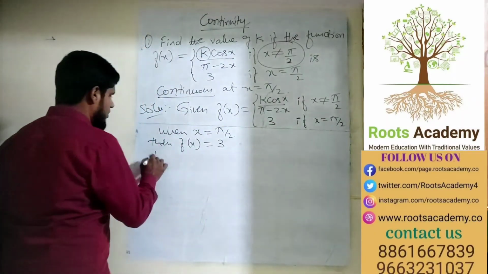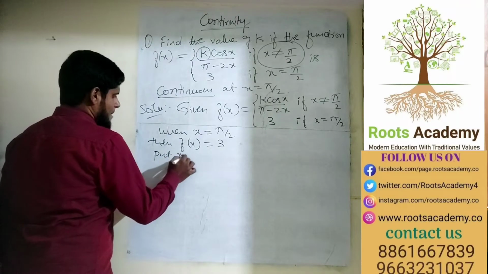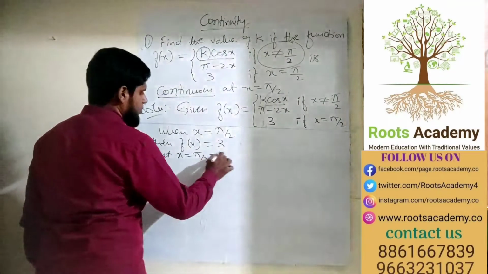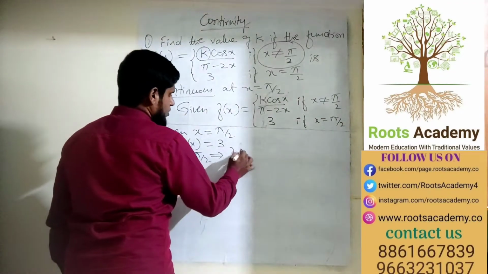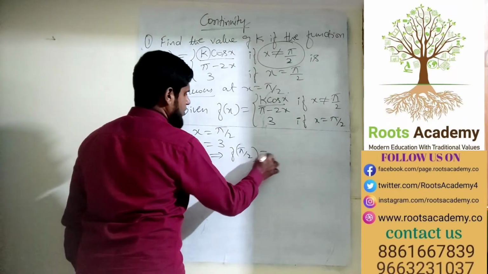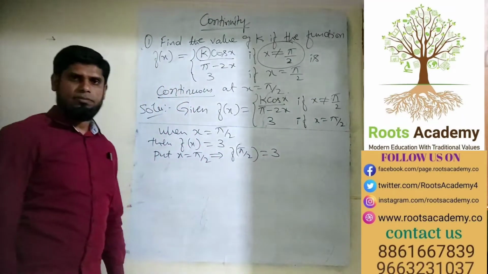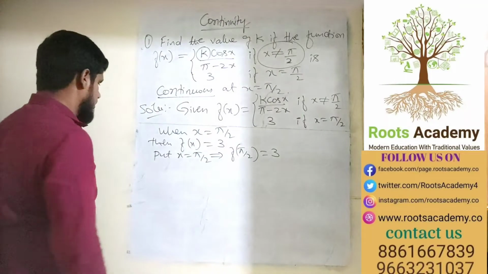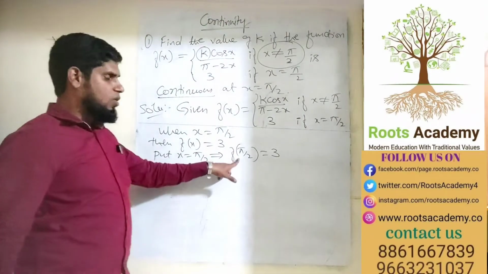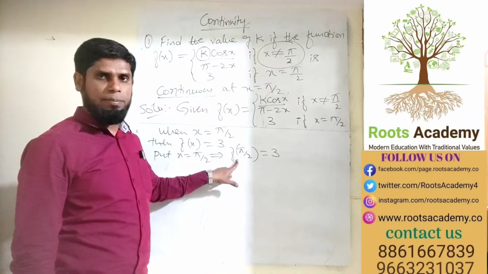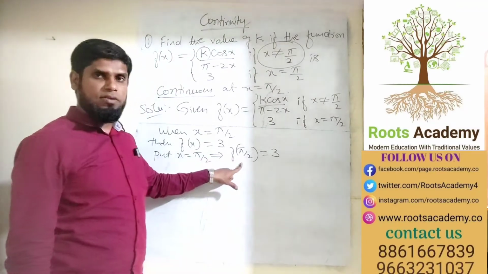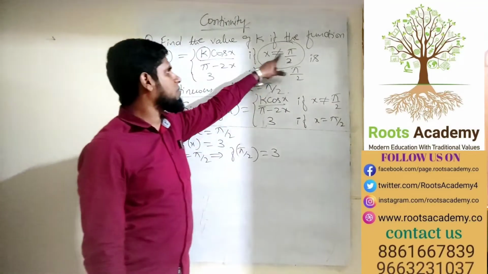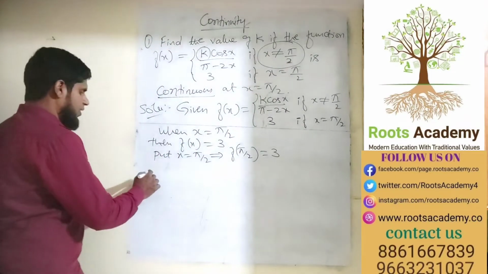So I should put x is equal to pi by 2, that gives f of pi by 2 is equal to 3. This is the value of the function at x is equal to pi by 2. Now let us check the value of the function when x is not equal to pi by 2. So we will take the limit.